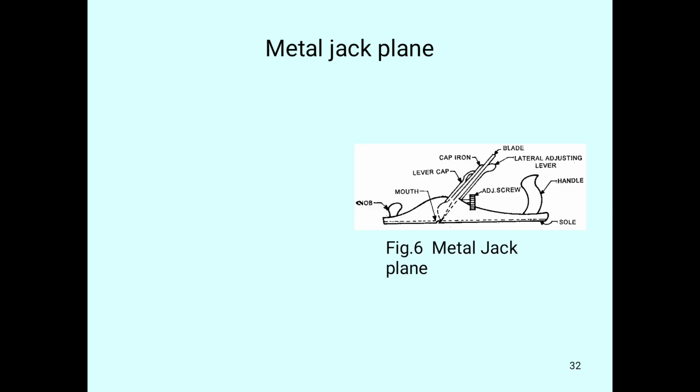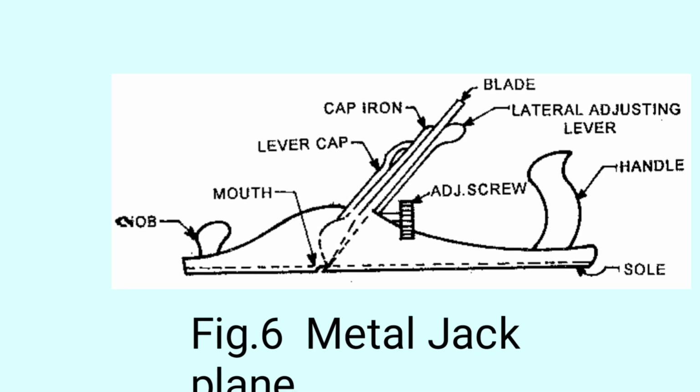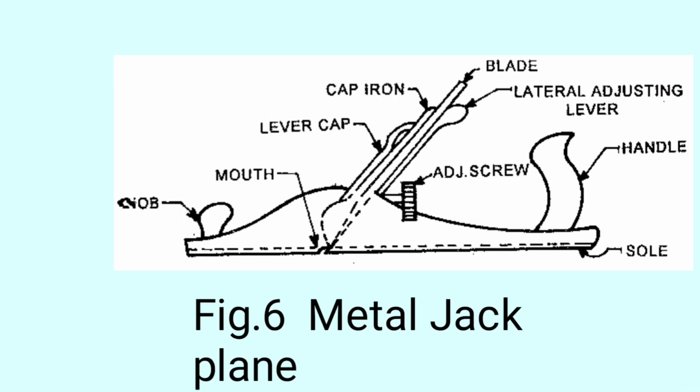Right. So here we can see the metal jack plane diagram. I am going to zoom the figure. Yeah, this is the metal jack plane diagram. So we can go through the parts of the metal jack plane. At the bottom, this part is called the sole.